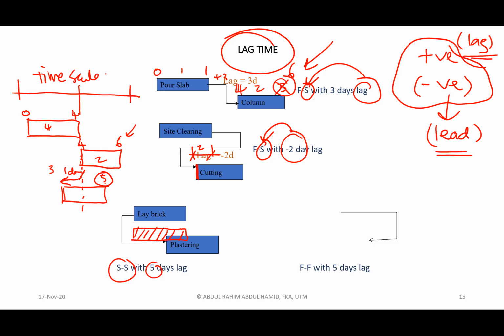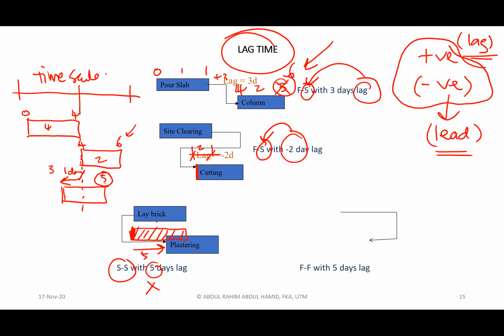But now, because of 5 days, meaning to say here we push a little bit, like 5 days. So the plastering basically starts a little bit delayed from the original. With SS plus 5, plastering will start here, but now it is being pushed.